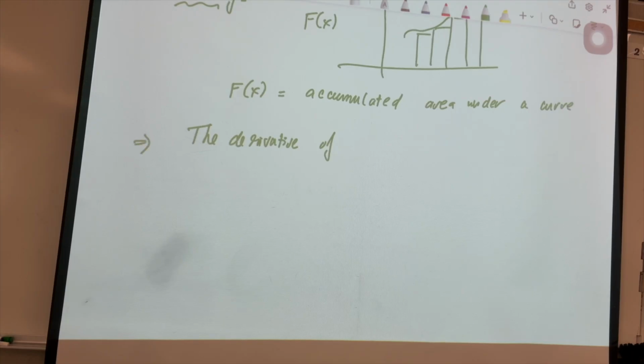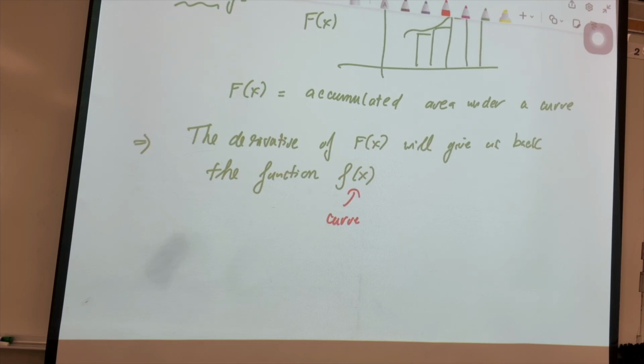When we take the derivative of F(x), it will give us back the function f(x), the curve, not the area under it, but the curve, i.e., the height of the function at that point.